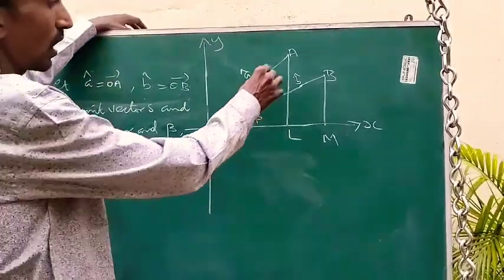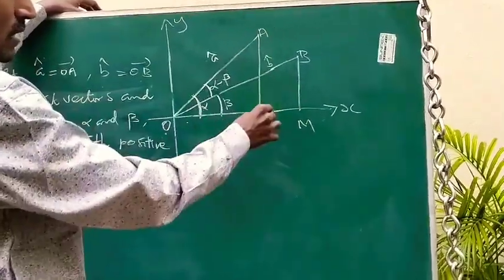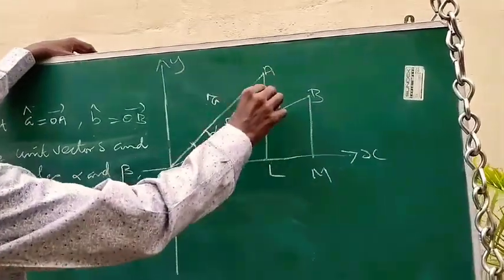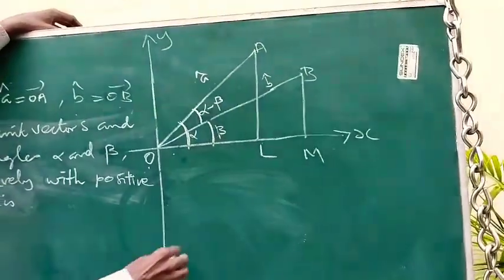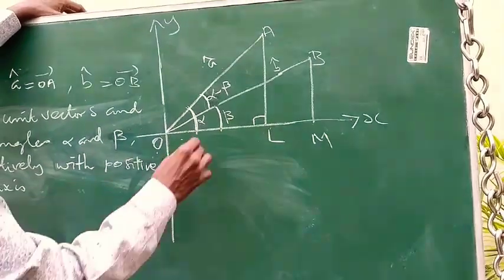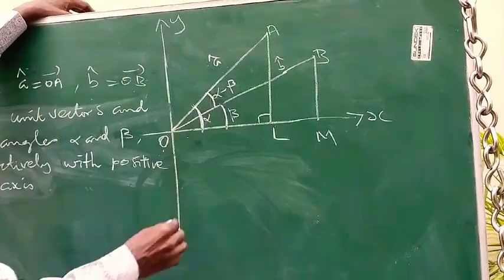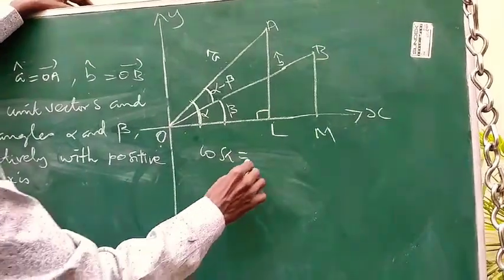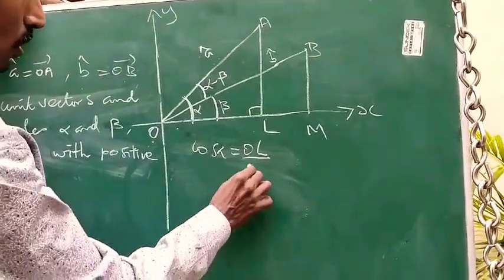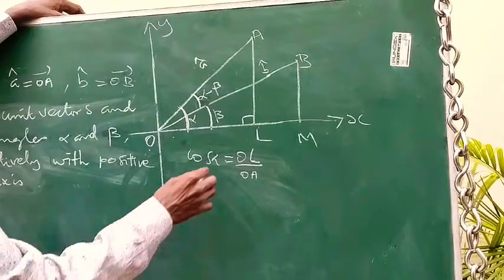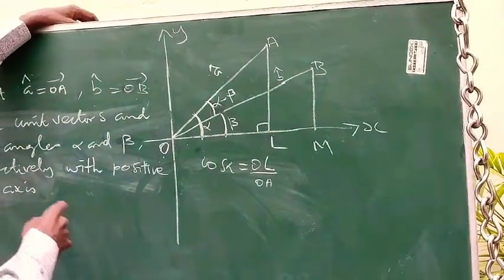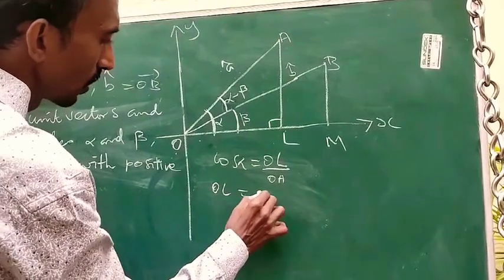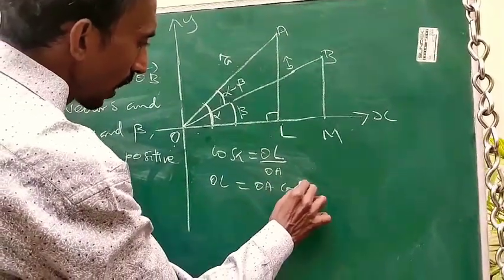Now draw a perpendicular from A to the x-axis, and the meeting point is L. Consider triangle OAL, a right angle triangle, and the angle is alpha. So what is cos alpha? Adjacent side by hypotenuse, so OL by OA. What is OL? We don't know, so OL equals OA into cos alpha.